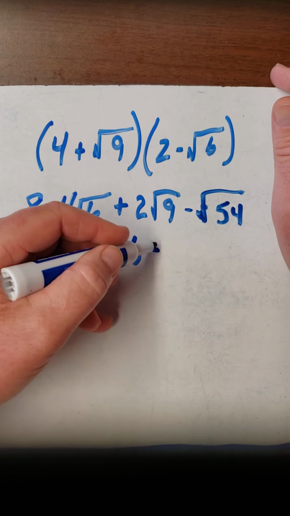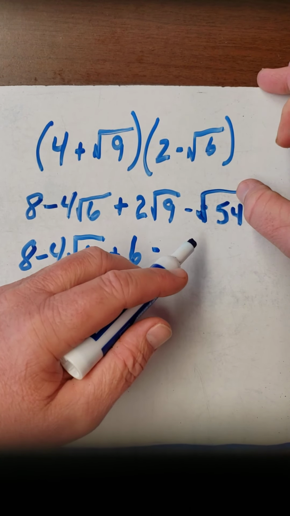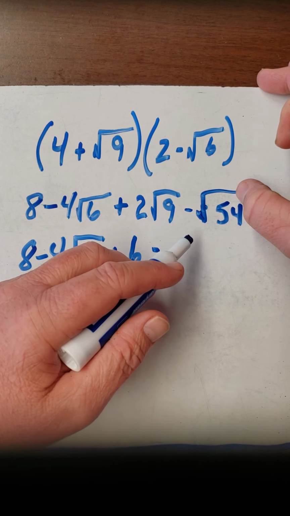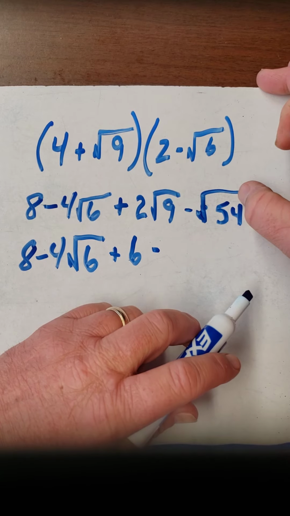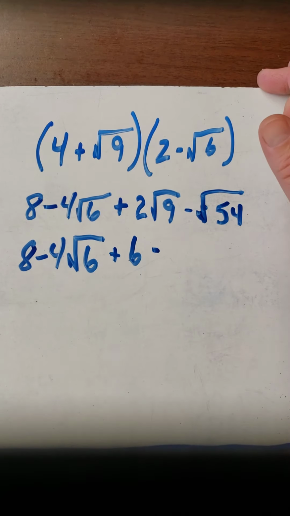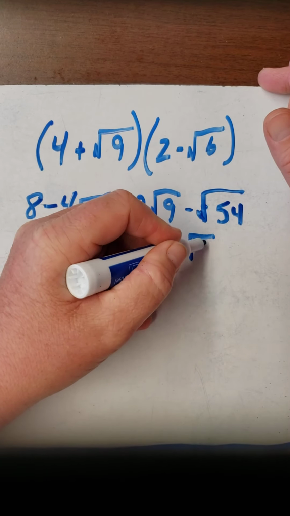And then you go minus, and we break this apart like we did in the last example. 9 times 6 is 54. 9 is a perfect square. Okay, so 3 square root of 6.